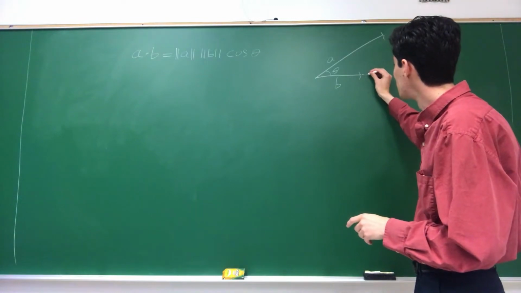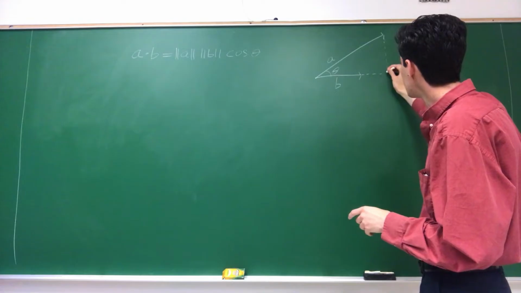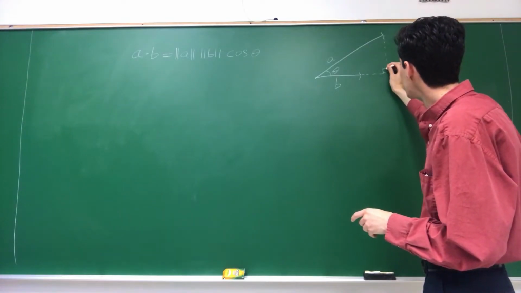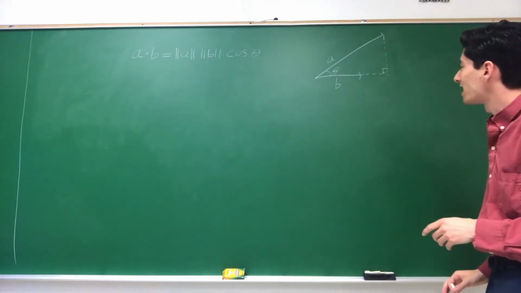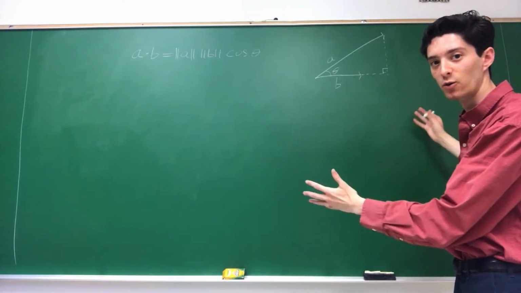We see that this B vector is a little short, so if we bring a line down here, we can form a right angle by having this point fall beyond where B is.